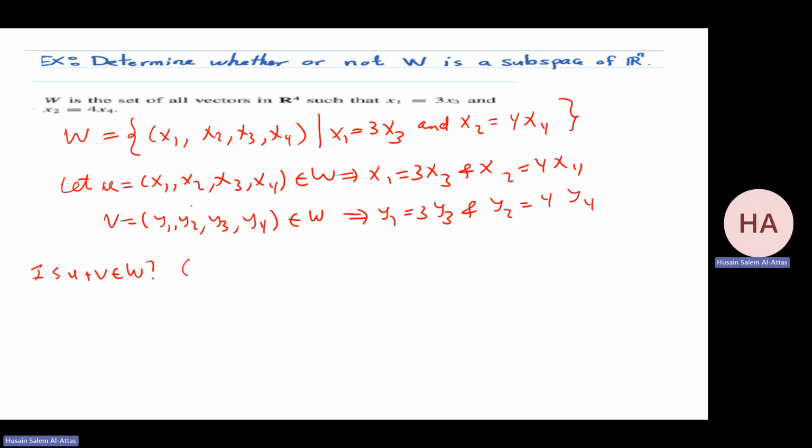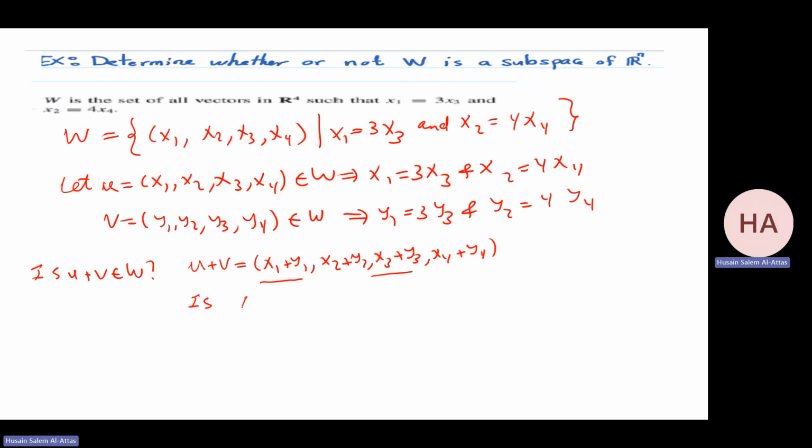So u plus v is (x1 plus y1, x2 plus y2, x3 plus y3, x4 plus y4). I need to check whether the first component is the same as 3 times the third component.